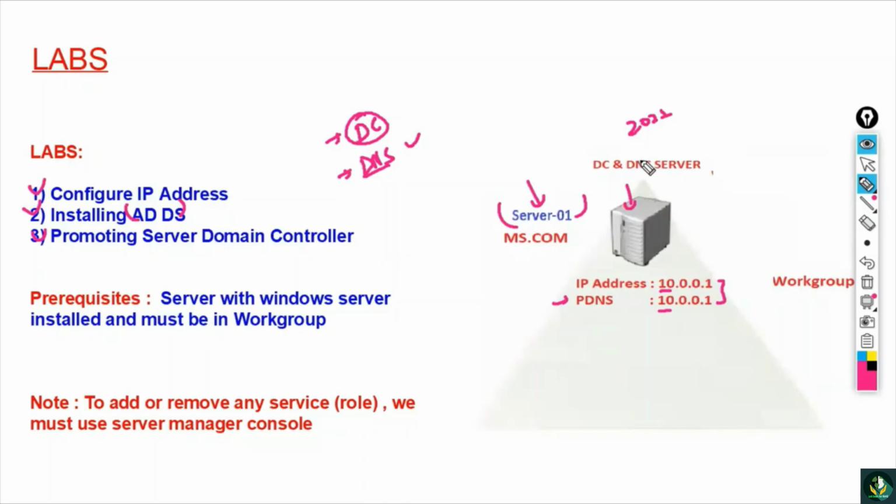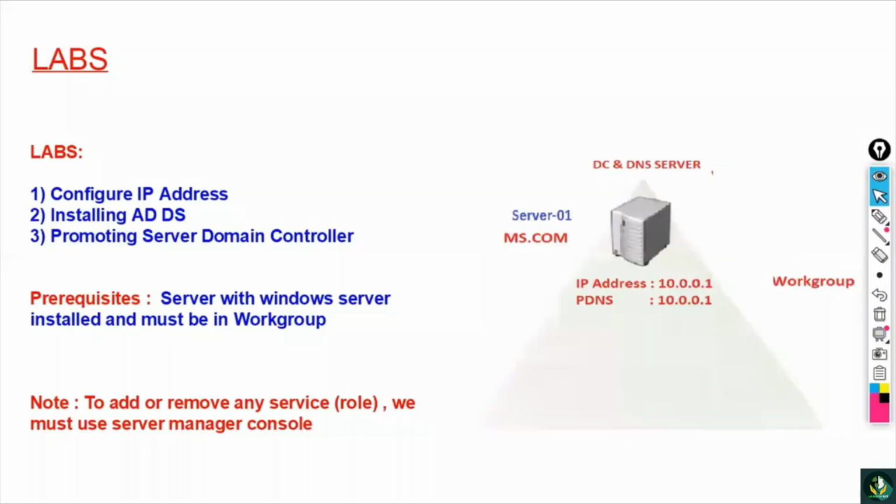We have already installed Windows Server 2022, and it must be in Workgroup. Whenever you install any operating system, that server will be in Workgroup by default. To add or remove any service like ADDS, we must use the Server Manager console.